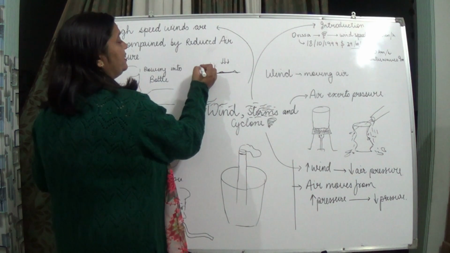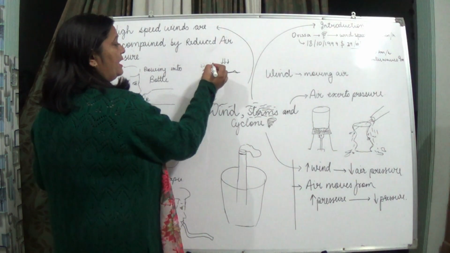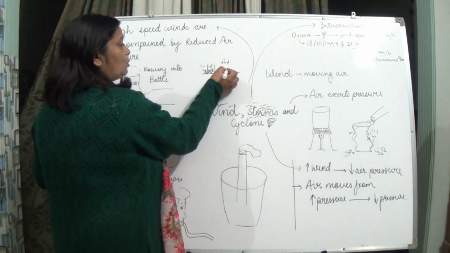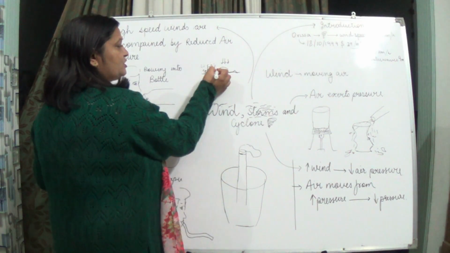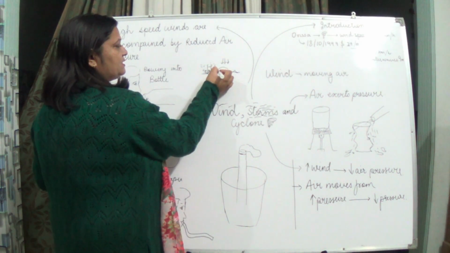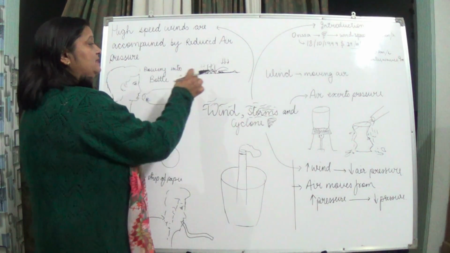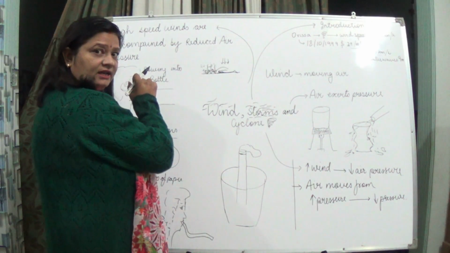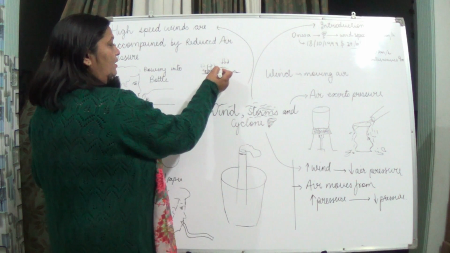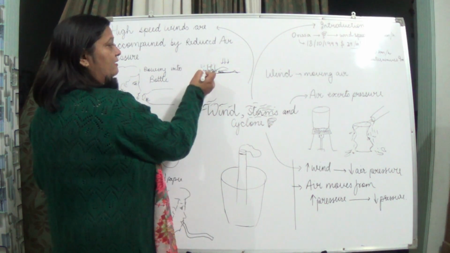It gets accommodated in this upper area. So the cold air which is present here, what will happen? It will rush towards this area, because now here it is vacant. It is a low pressure area, and naturally the air from here will move towards this area and occupy it.